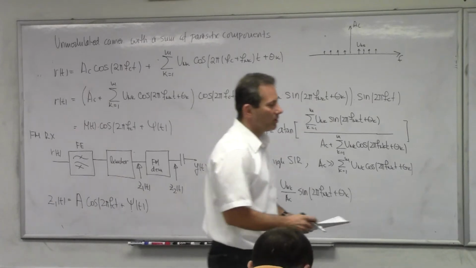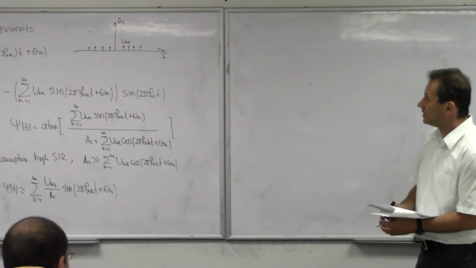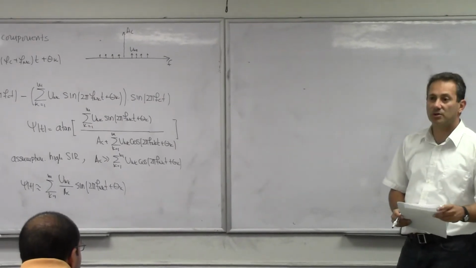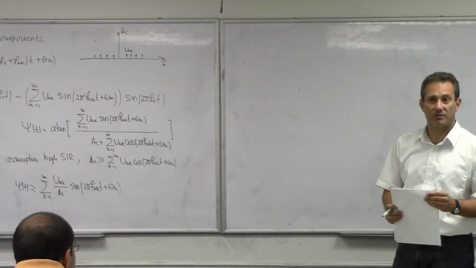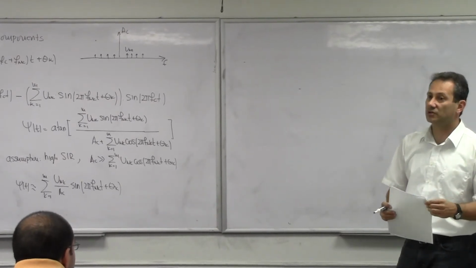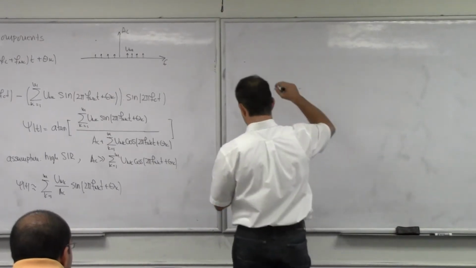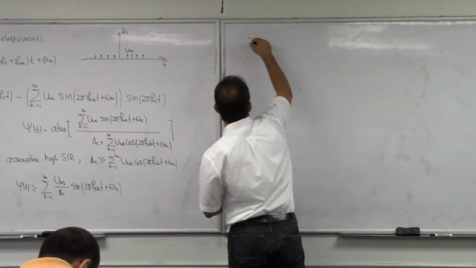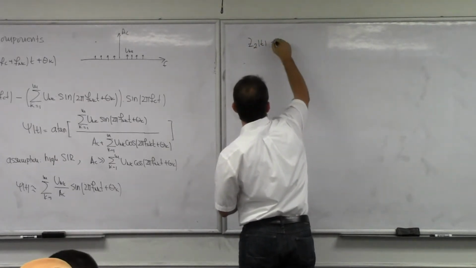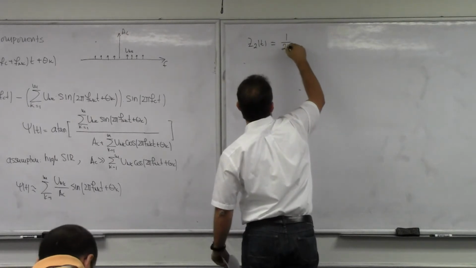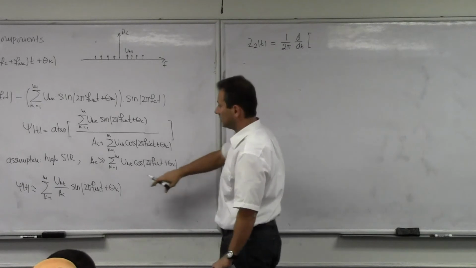Now, z2 of t, what is z2 of t proportional to? It's an FM demodulator, therefore z2 of t is proportional to the instantaneous frequency of your signal, right? We have to determine what the instantaneous frequency is, and that's essentially your signal z2 of t. So z2 of t is proportional to, all right, let me just say equal, 1 over 2 pi derivative of whatever is the argument in z1 of t.